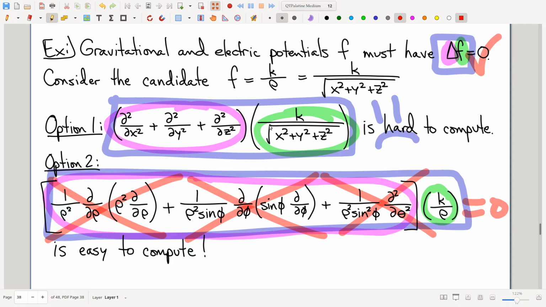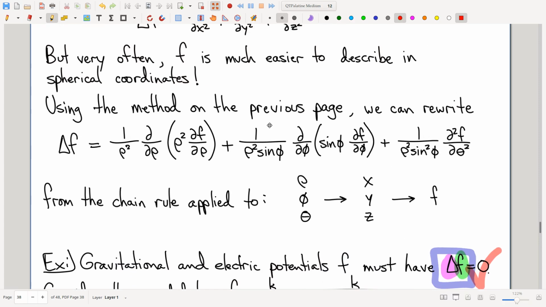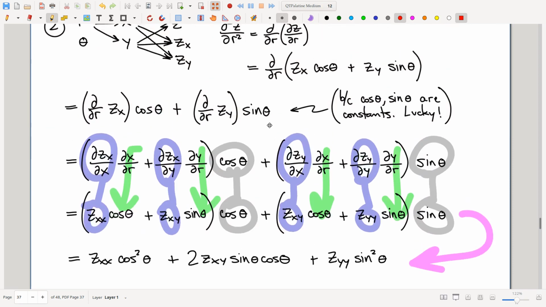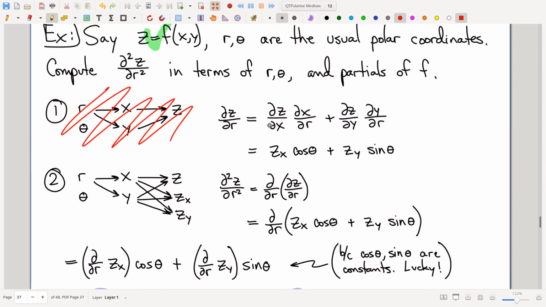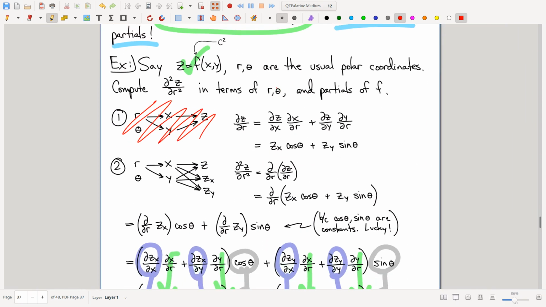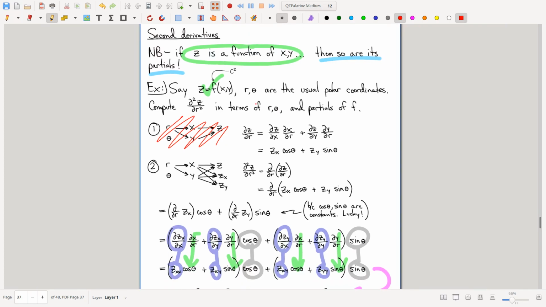Right. Okay. So the reason that I'm showing you this is because I wanted to persuade you that spherical Laplacians are awesome, and the reason that matters is because spherical Laplacians come out of second derivative chain rule, and so basically the methods that we did in this example right here, all the work that we did on this page, this is the roadmap for how you demonstrate that the fun stuff we did on the next page actually works.